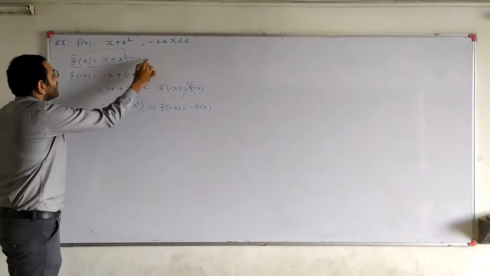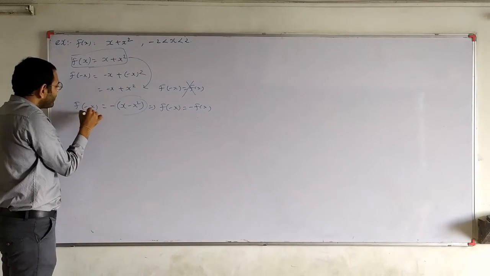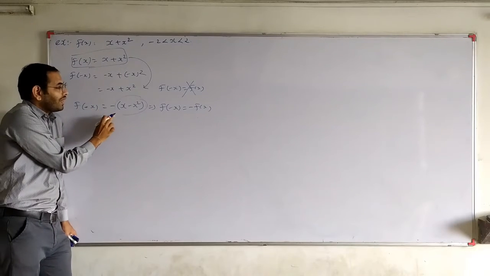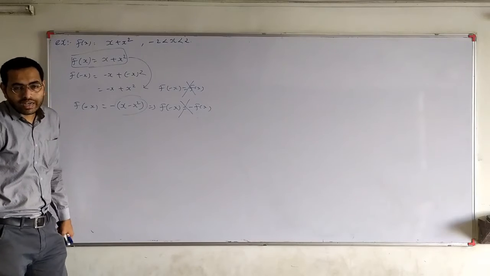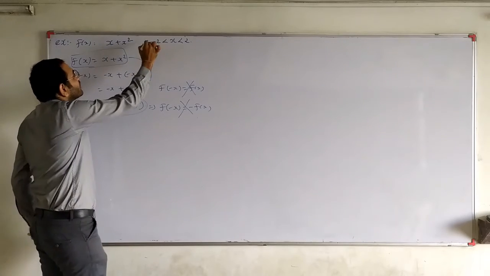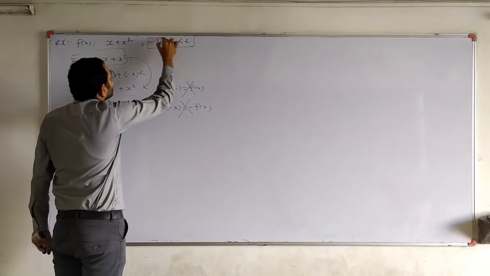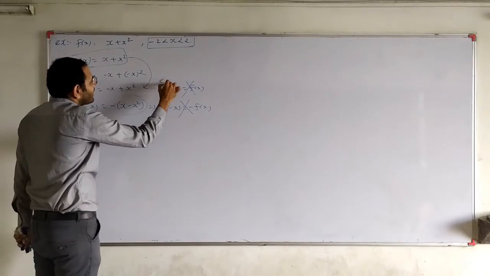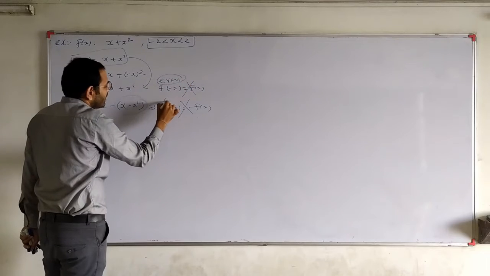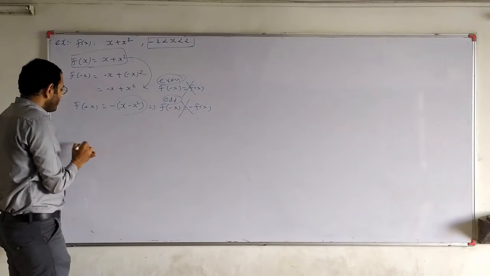This is not an original function. Then if we replace f of x equal to minus f of x, then also this condition was not satisfied. Even though here the limit is symmetric, we still cannot satisfy the condition of even or the condition of odd.